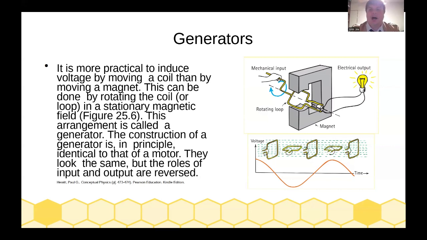So this is the opposite of a motor. It is using mechanical energy to create an electrical output.